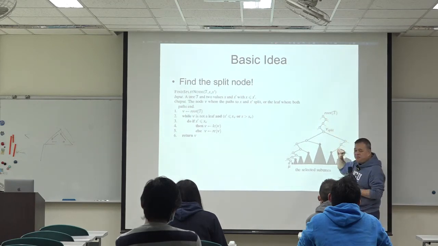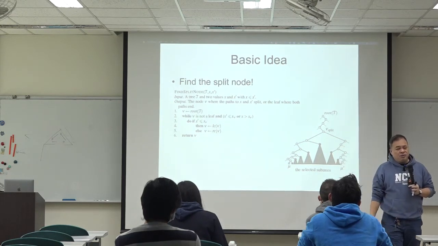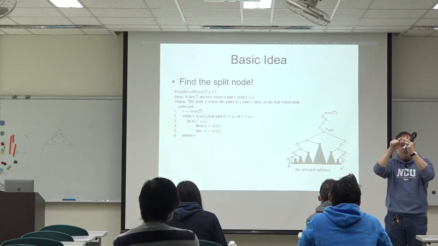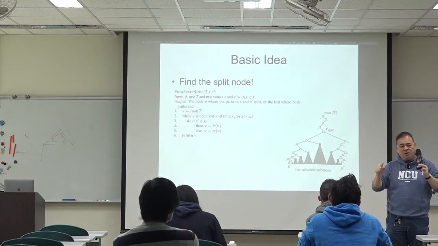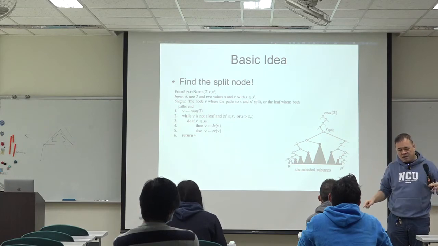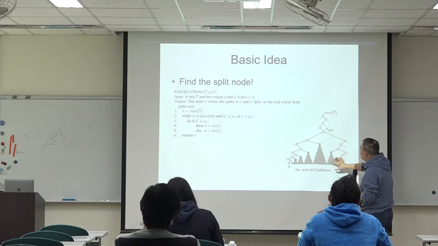There's a particular point where you start branching the search for the two endpoints. In this example, it's going to be this one.